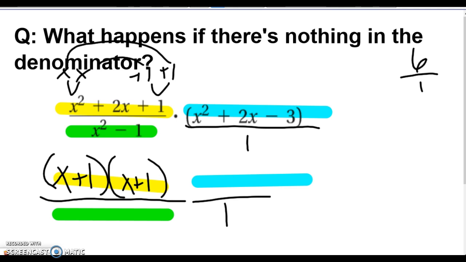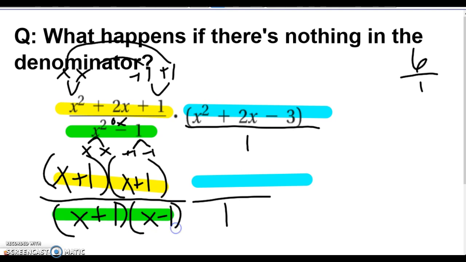Right, now let's go to the green. X squared, and there's a 0x in here. So what multiplies to give you x squared and multiplies to give you negative 1? That would be positive 1 and negative 1. So x plus 1, x minus 1.